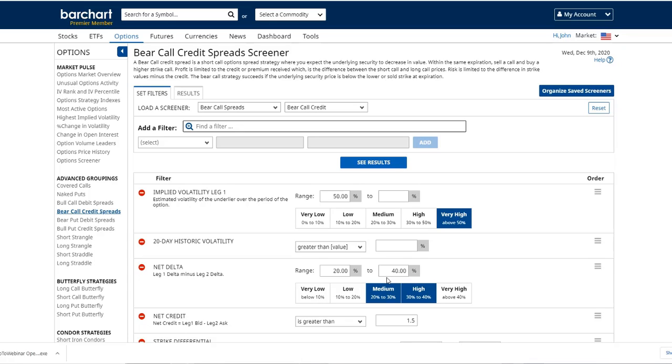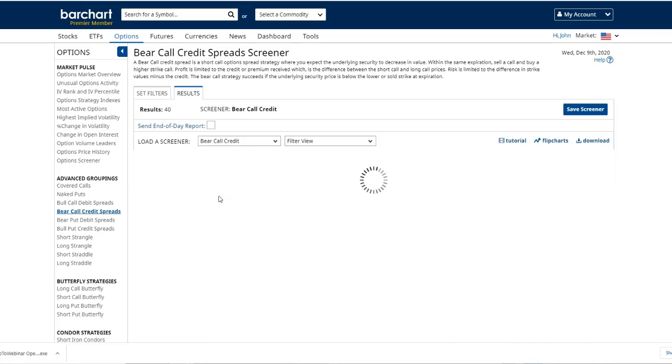For some reason they work. I don't know why. I'm not a rocket scientist when it comes to the math and the probability. I just find that these ones tend to work a little bit better for me. If I wanted to look for a higher delta differential, I'm just going to set a higher second strike. Doesn't mean that I'm going to get the value to set that higher strike, because it's going to take on more risk.